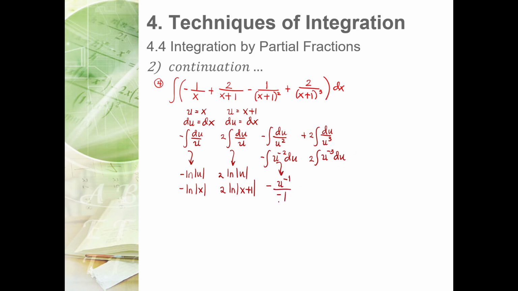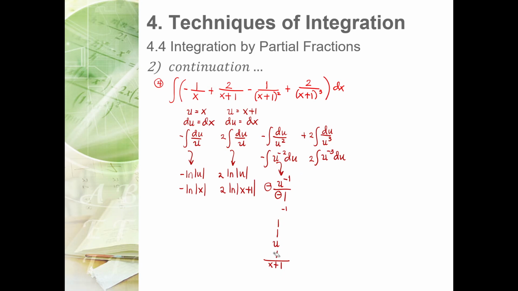So this becomes negative, negative, so this becomes plus u to the power of negative 1 over 1. Or in easier terms, this one is 1 over u. Or this one is 1 all over x plus 1.